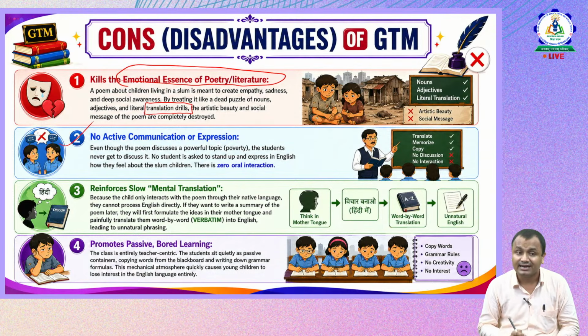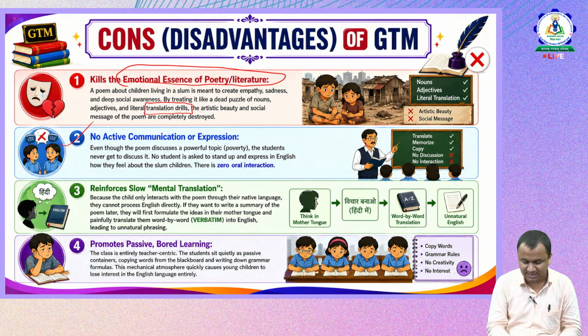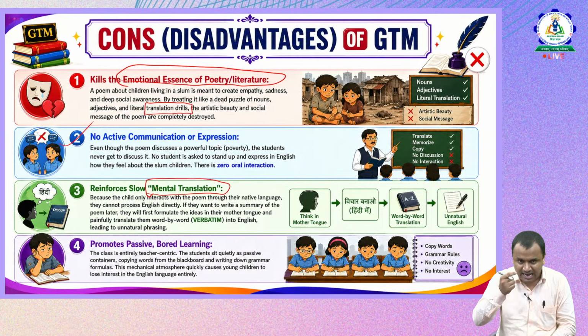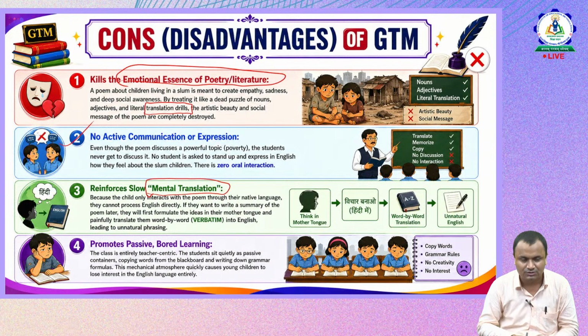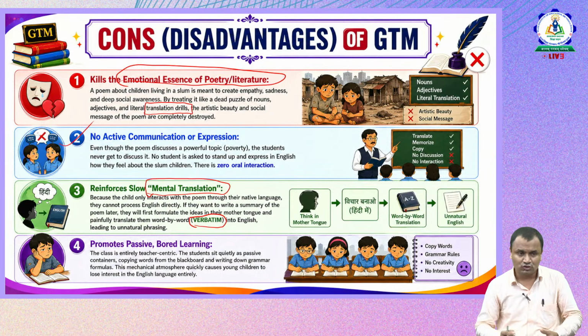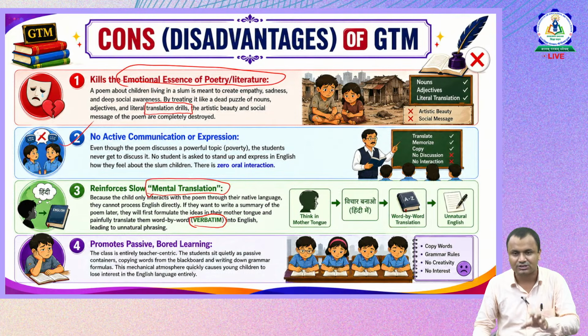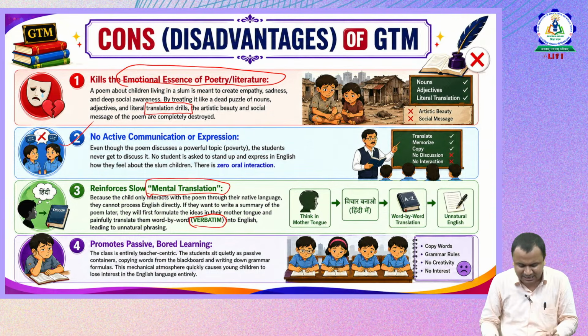Next is, it reinforces slow mental translation. What we develop in the student is the habit of mental translation, and that too verbatim translation. When we say verbatim translation, it means word by word translation. So whenever we give any situation to the student, what the student would do is think in the mother tongue, form the thought, then translate word by word, and then that becomes unnatural paraphrasing.